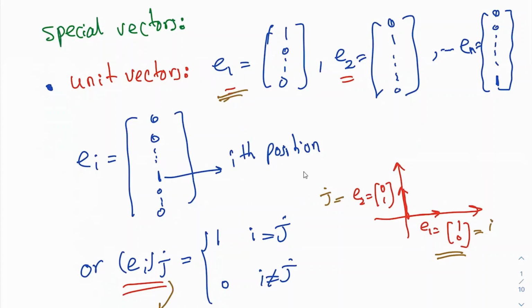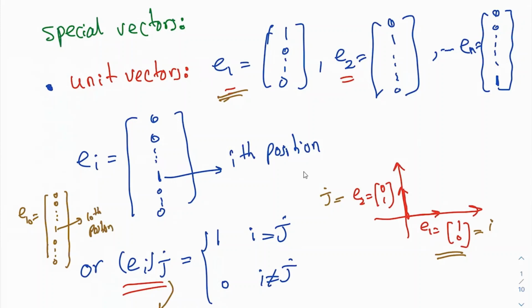So for example, let's say you have E10. What does E10 mean? It means 0, 0, 1, and then 0, 0 all the way. So this is the 10th position. If j is equal to 10, then you have 1.